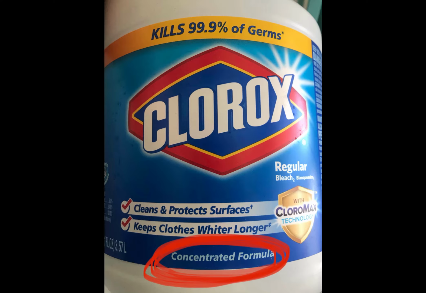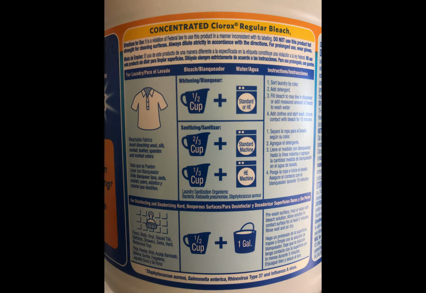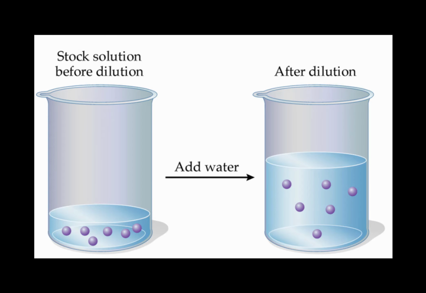We use those stock solutions to then make diluted solutions for lab, for example. And so they are weaker. There's more solvent in the solution than there is solute, the thing that is being dissolved. So how do chemists go about doing that? That's what we're going to get to today in this video.